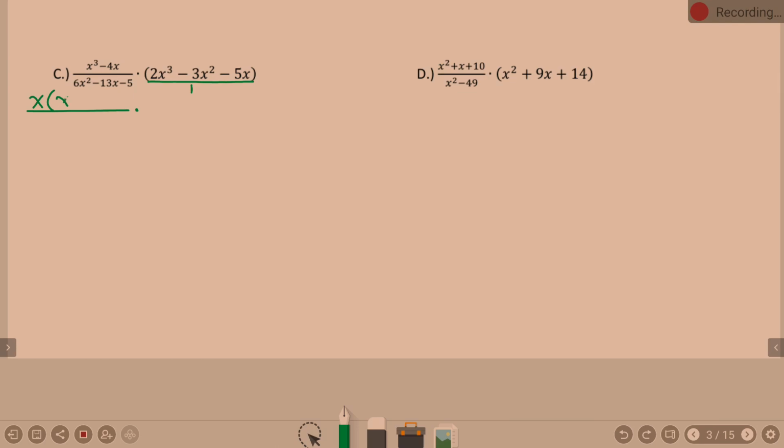X squared minus 4. Okay. Now, what about your denominator? 6x squared minus 13x minus 5. Is there a GCF? No.